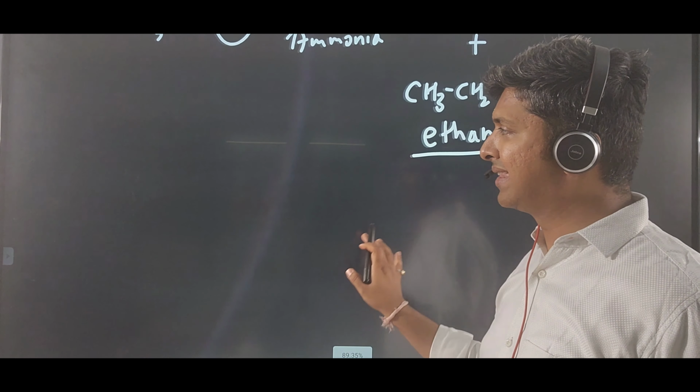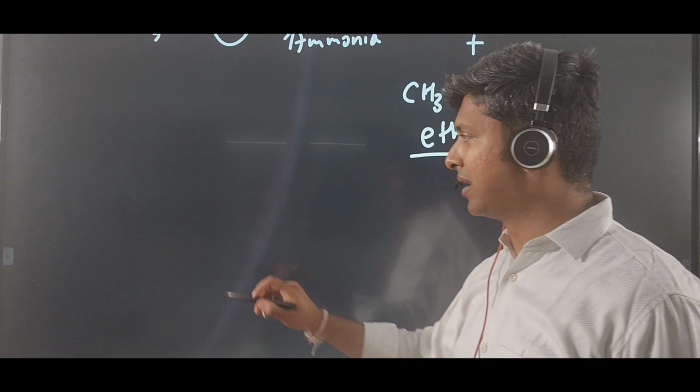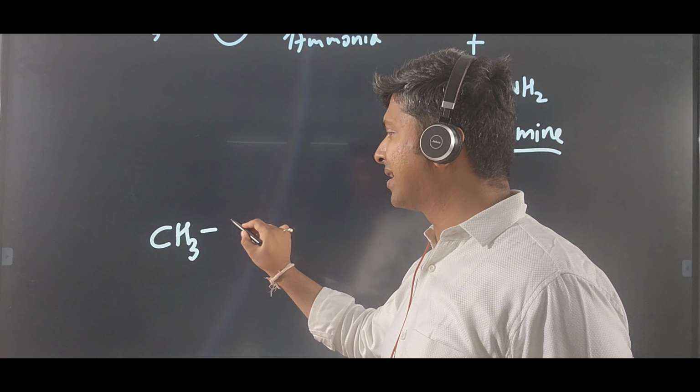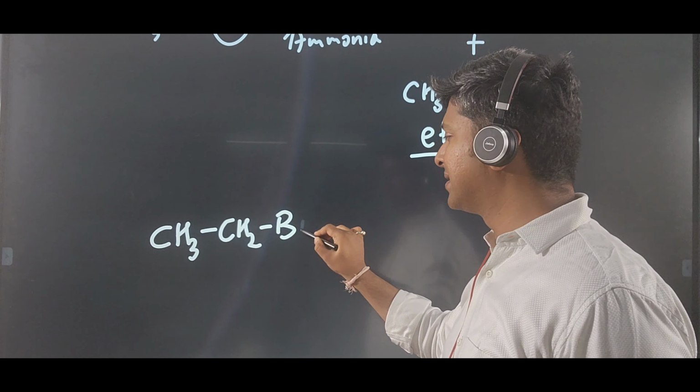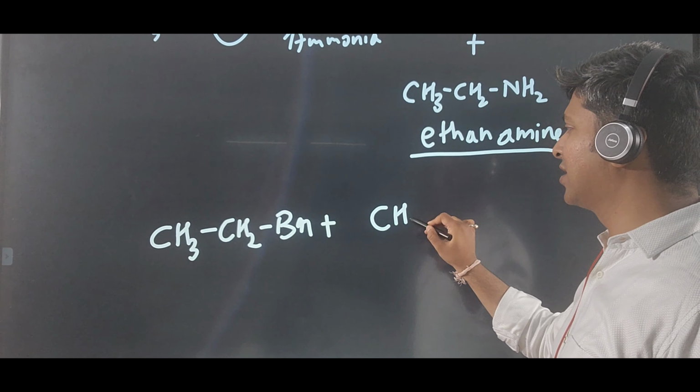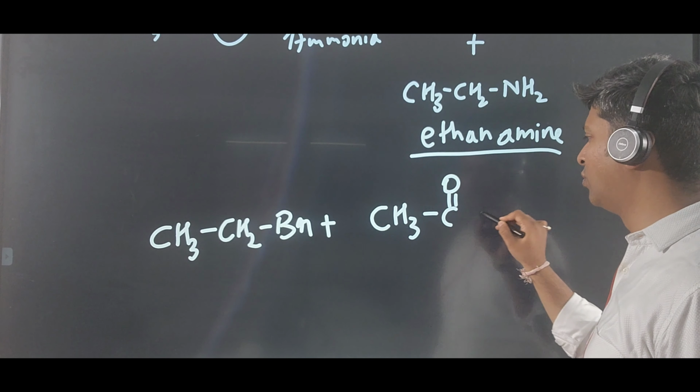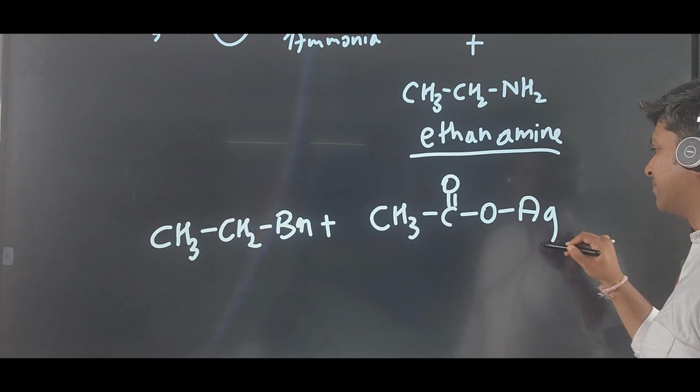Now, anything else left? Yeah, formation of ester is remaining. So we have to convert haloalkane to ester, CH3CH2Br. This time I'll take silver acetate, CH3C double bond O OAg. This is your silver, this is your acetate, silver acetate.